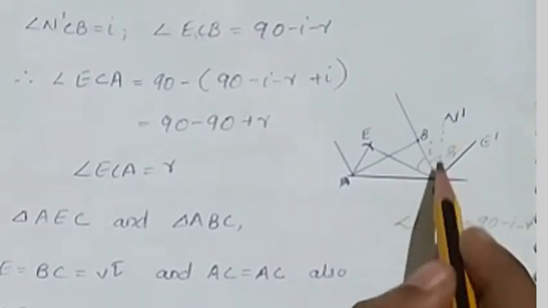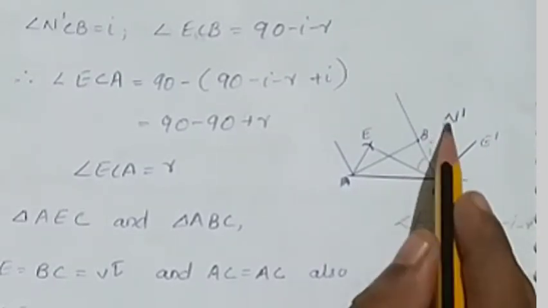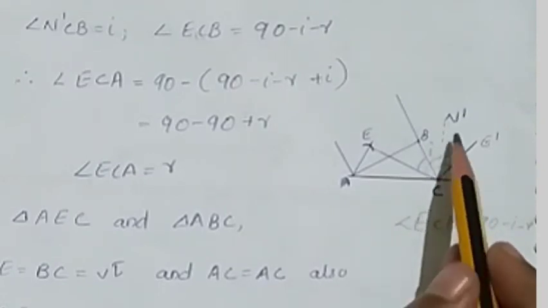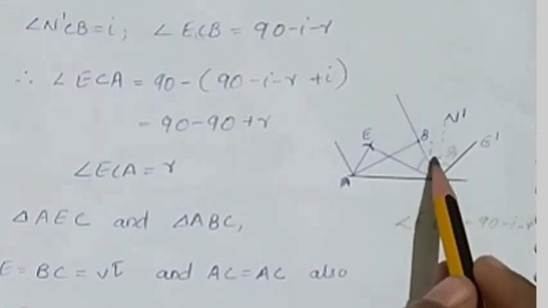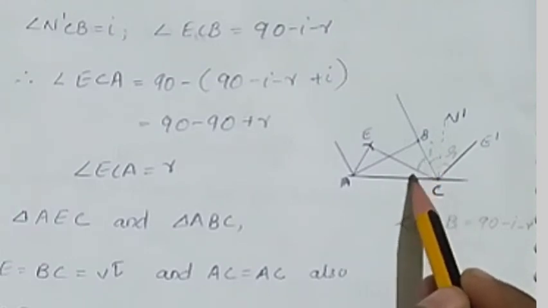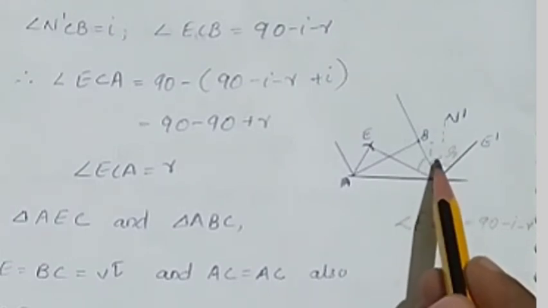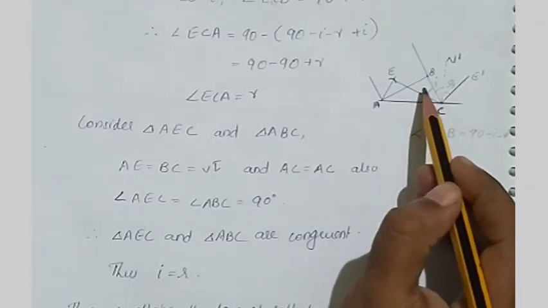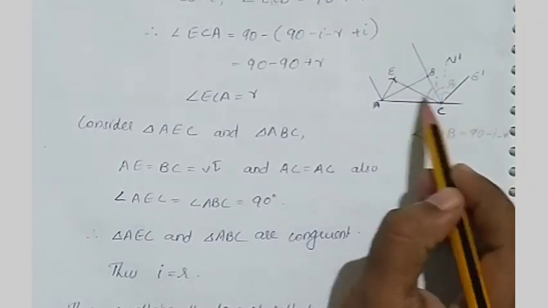Now the normal N dash C makes 90 degrees. Here there are three angles that constitute the normal: I, 90 minus I minus R, plus angle ECA.